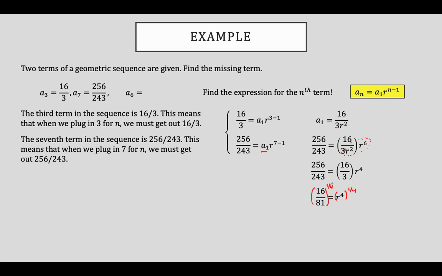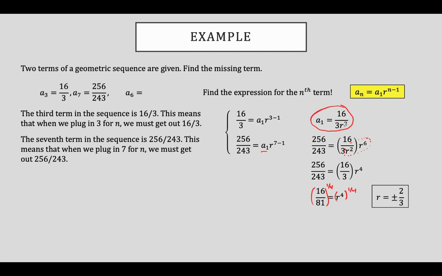So when we take the fourth root of 16 over 81, we end up with r is equal to plus or minus 2 divided by 3. So there are actually two different common ratios, one being positive 2/3 and one being negative 2/3, that meet the given criteria.